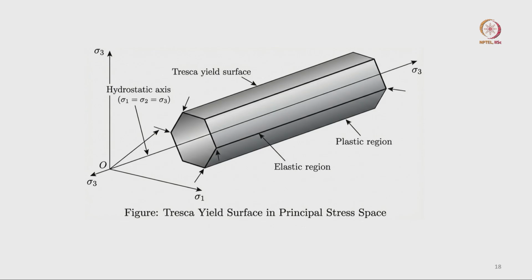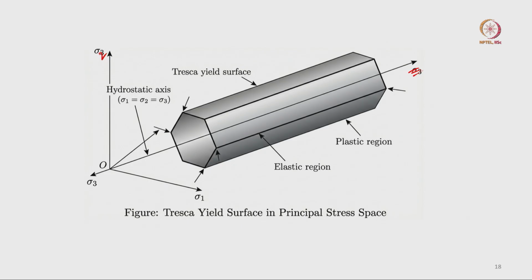Now if you look again at the overall F sigma in the sigma 1, sigma 2, sigma 3 space, you will see a similar structure. It almost looks like a cylinder, except that at any cross section it is a hexagon. That is why I drew that hexagon on the previous page.